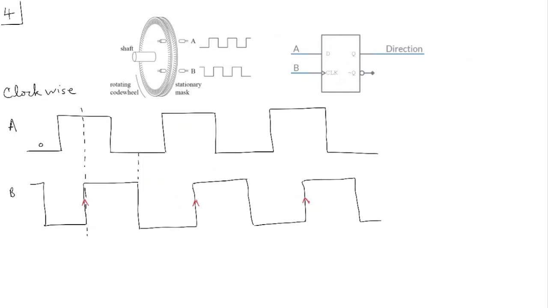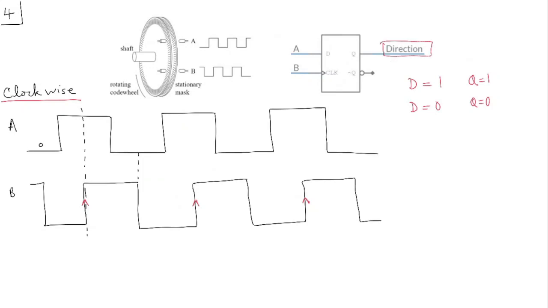Now, how does a D flip-flop work? Remember, whenever there is a positive edge, if D is equal to 1, Q is going to be equal to 1, and if D is equal to 0, Q is going to be equal to 0. So in this clockwise signal, what is the output going to be? The output is called direction here.